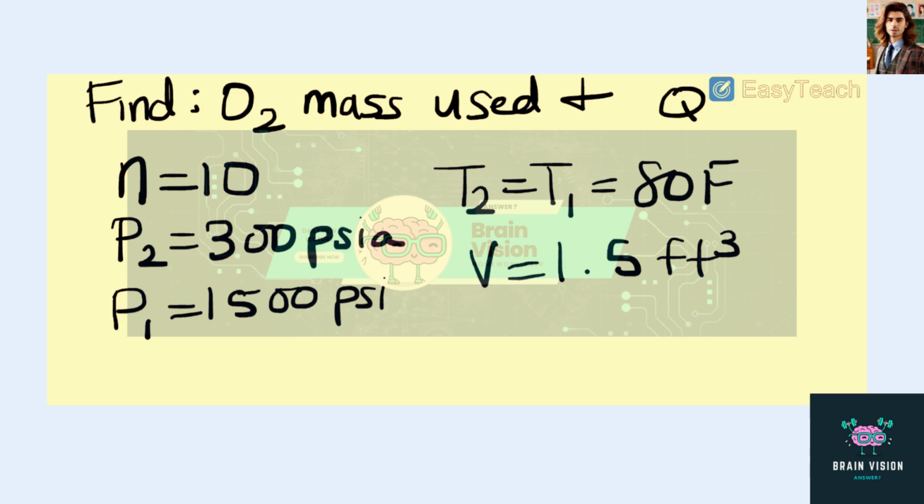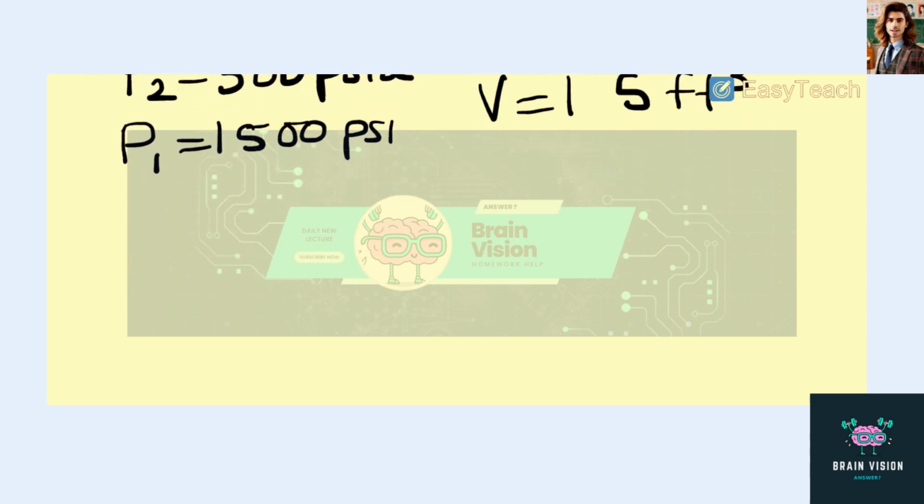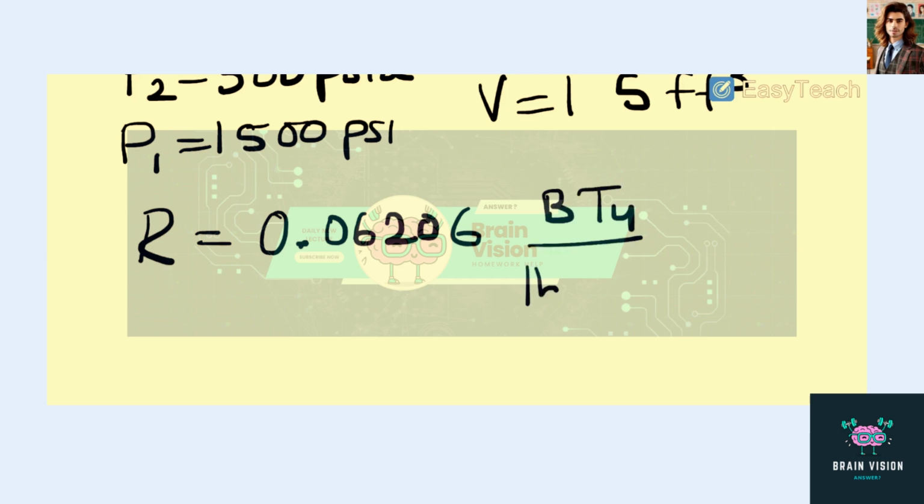What we're first going to do is look at the properties table to find our specific heats and gas constants for oxygen. We see that our gas constant is R, which is 0.06206 BTU per pound mass Rankine.